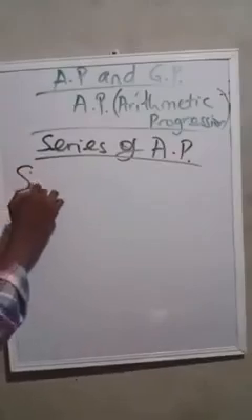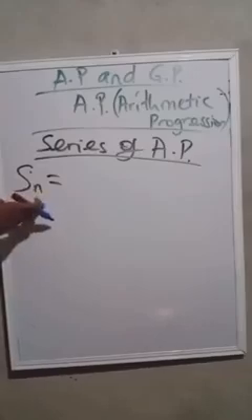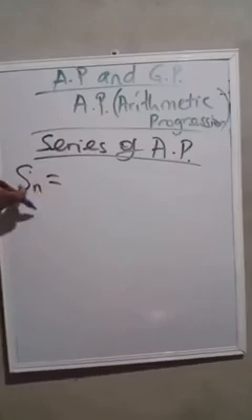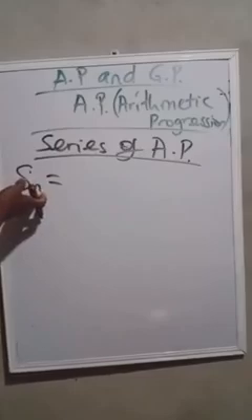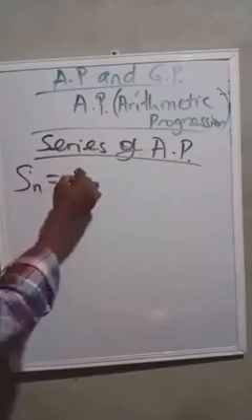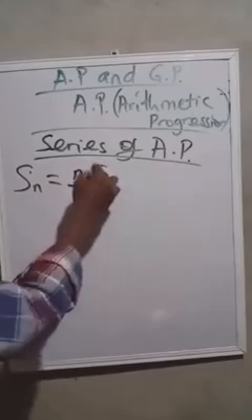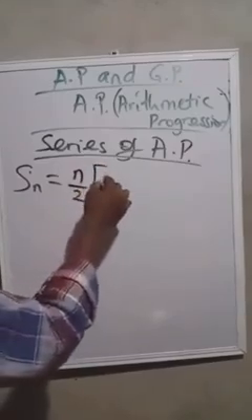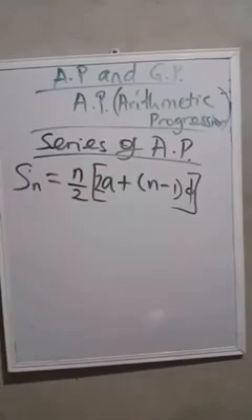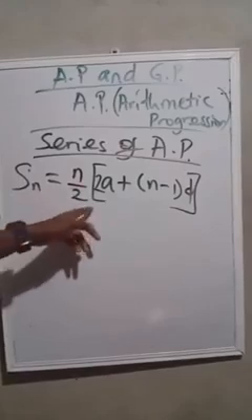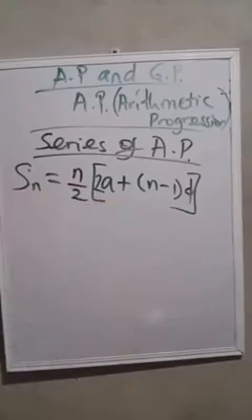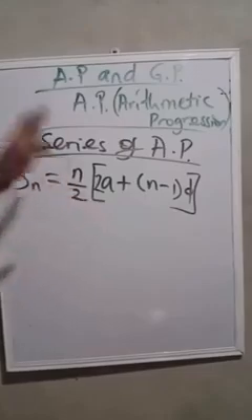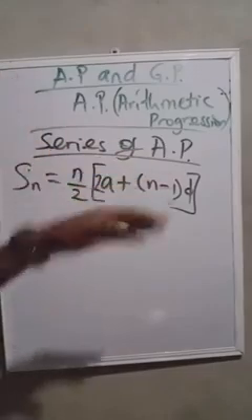Just write S subscript n, signifying the series with respect to n. Then you have S n equals n over 2, open bracket, 2a plus (n minus 1)d. Yes, this is the formula for the series of an arithmetic progression.